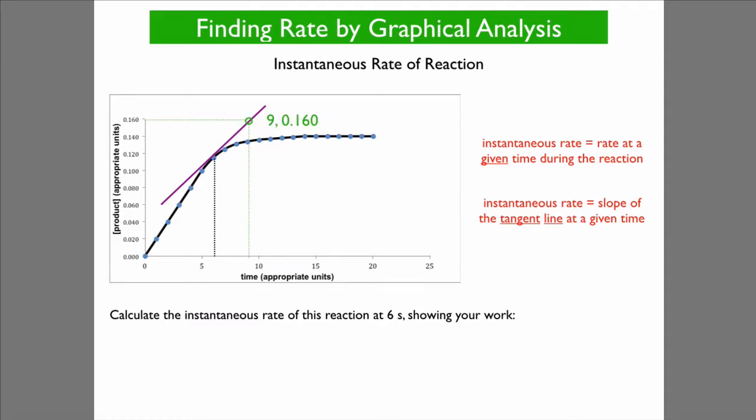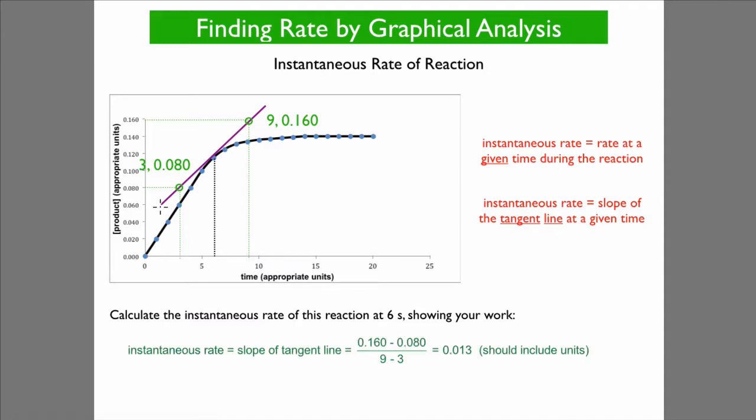And so you can see we've drawn in a tangent line with this purple line, it's a tangent at 6 seconds. And then you can use that purple line in the same way to find the slope of the thing. You do the maths, put in the change in y over the change in x, and you'll get your rate of reaction, which is the slope.